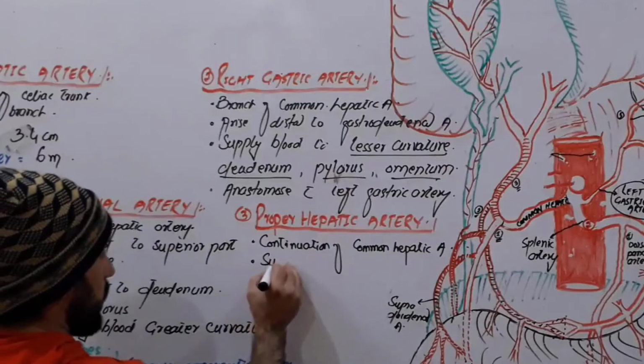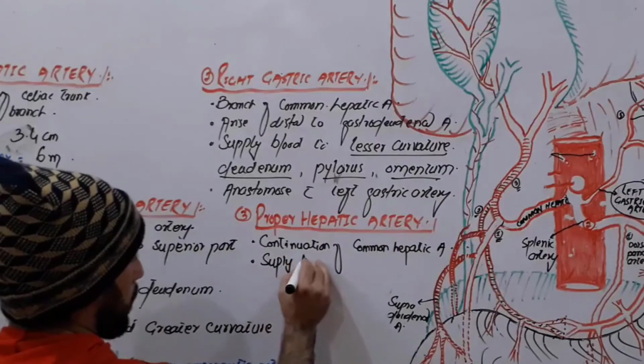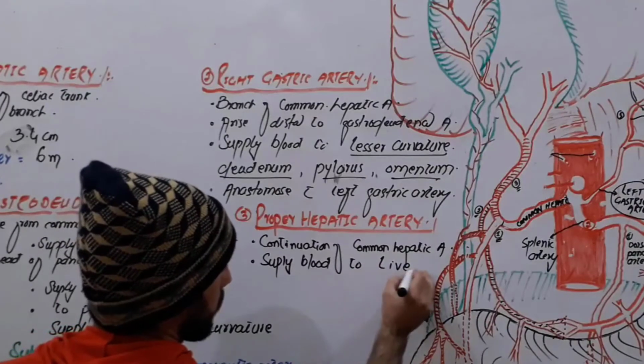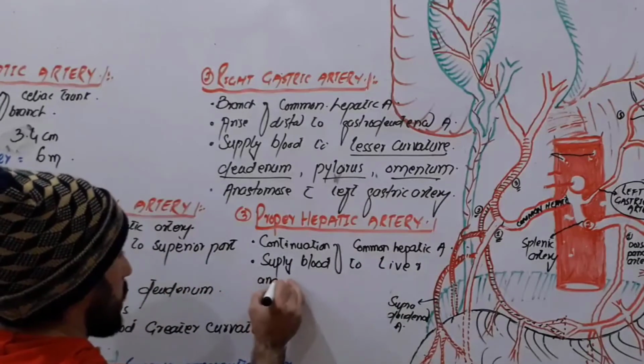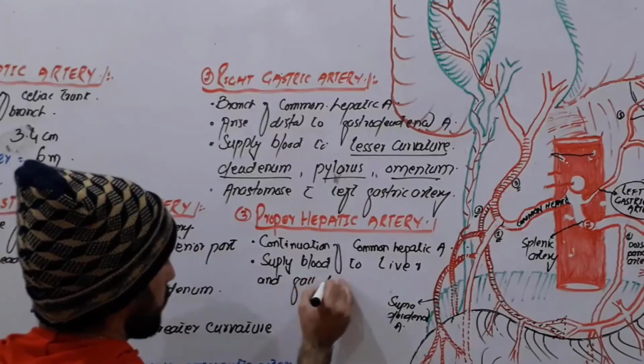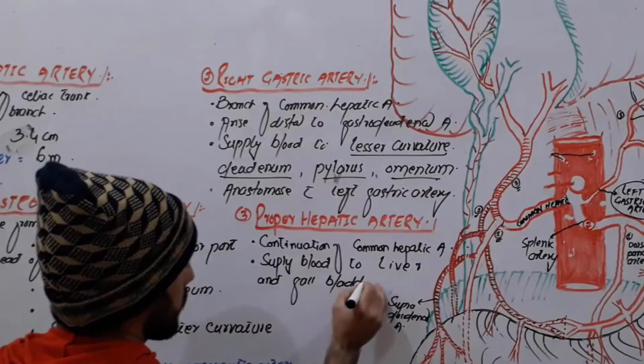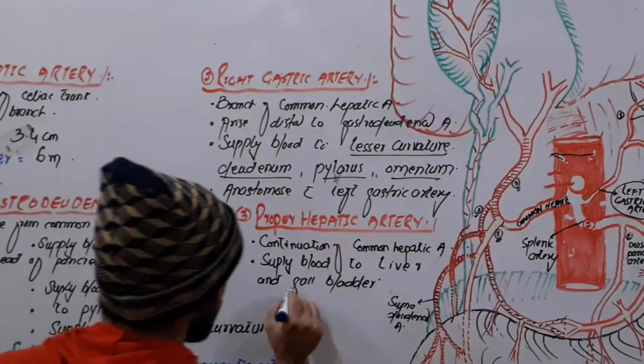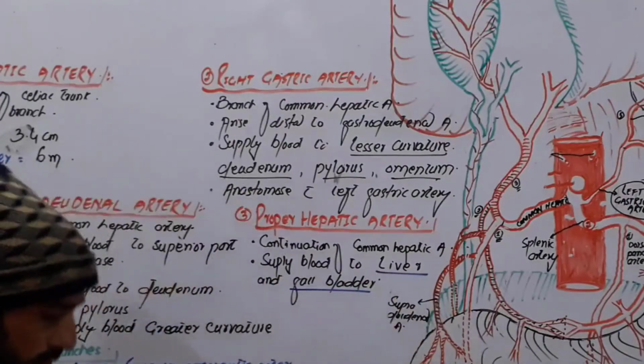So it supplies blood to the liver and gallbladder. These two important points, gallbladder and liver. Through what?